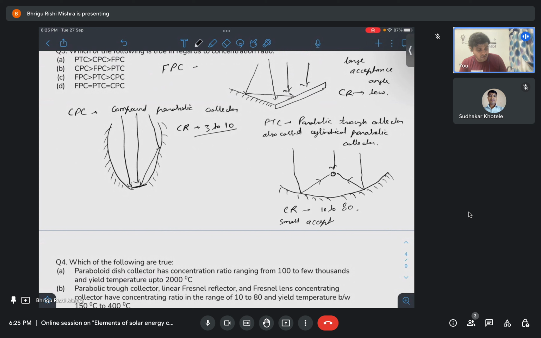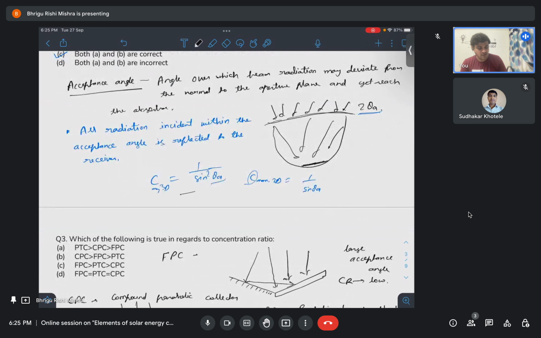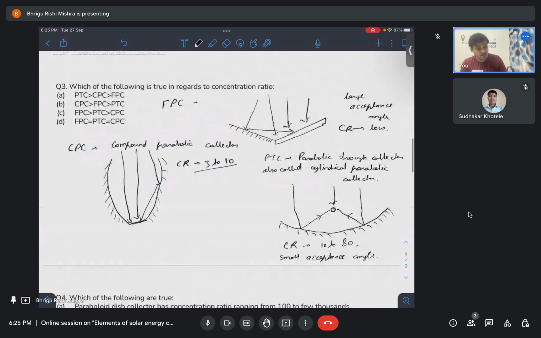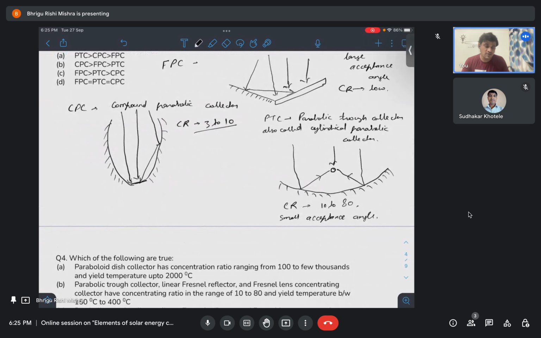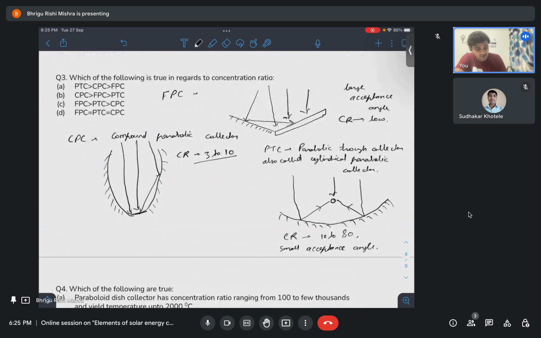Since it has a small acceptance angle, it requires tracking, and as per this relation, 1 by sin theta a, acceptance angle small, concentration ratio will be large. So in regards to concentration ratio, PTC will have the highest, then CPC, and then FPC. So the first option is correct: the concentration ratio of PTC is greater than CPC and greater than FPC.